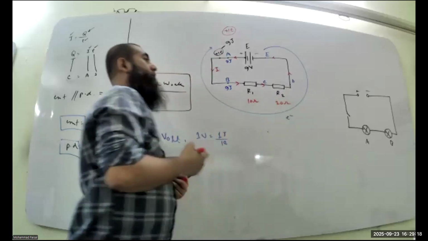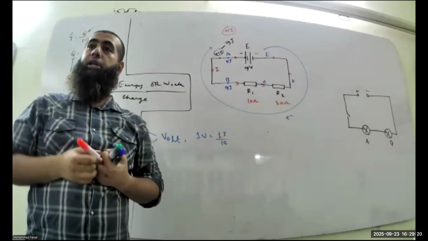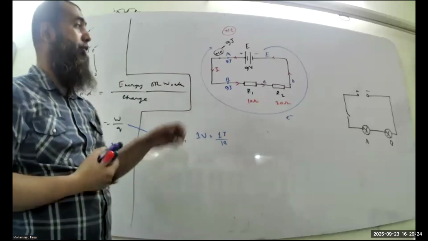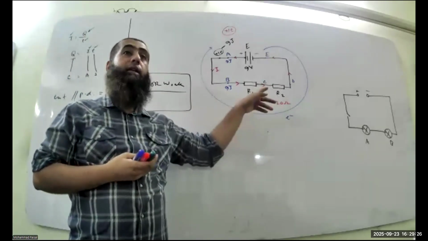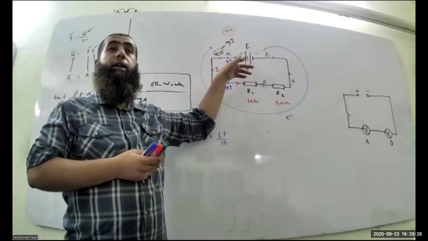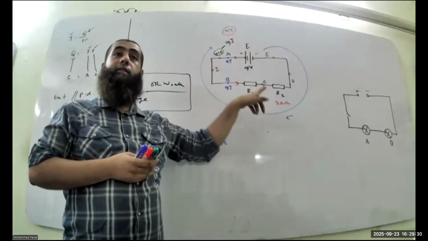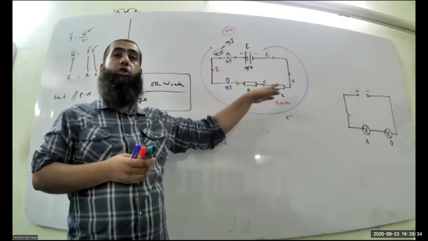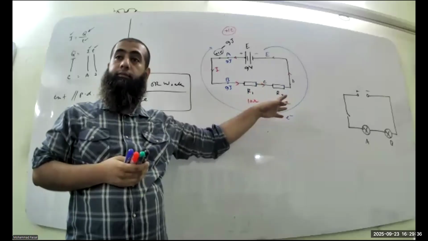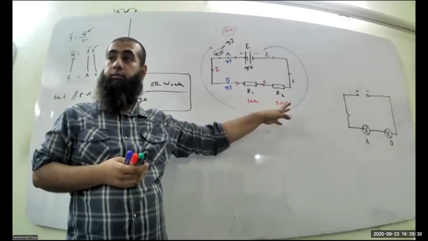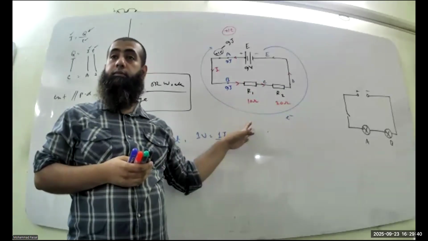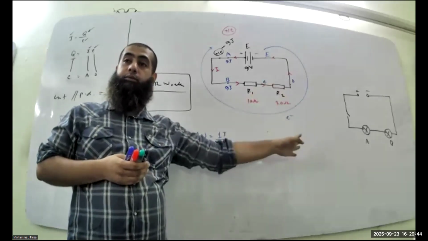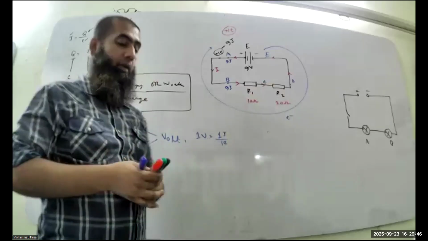So do you remember the formula for potential divider? The potential divider formula tells us that if multiple components are connected in series, the total input voltage gets shared in the same ratio of their resistances. So 9 volts should be shared across these two series components in the ratio of 10:20. 10:20 means what? 1:2. So this one gets how much? 1/3. Then this one gets how much? 2/3. Where did 1/3 come from?